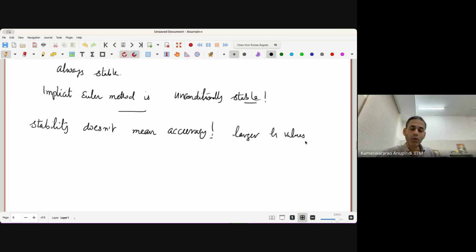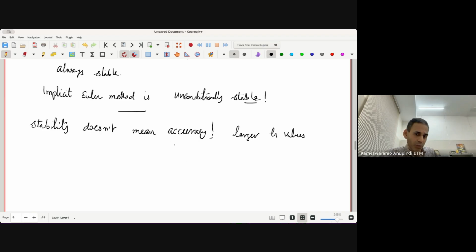So what does that mean? That means that even if you take larger values of delta t or h, you will get a solution, but that solution is not going to diverge, right? It's not going to blow up. You are not going to get infinite values as your solution for the problem, but you're going to get some value that is not going to be correct. Okay.